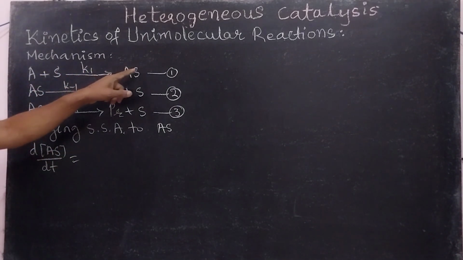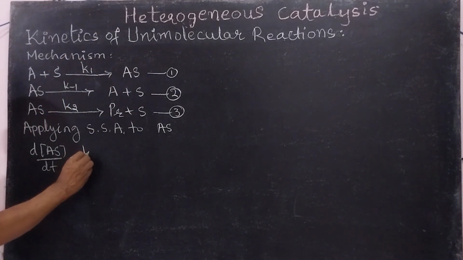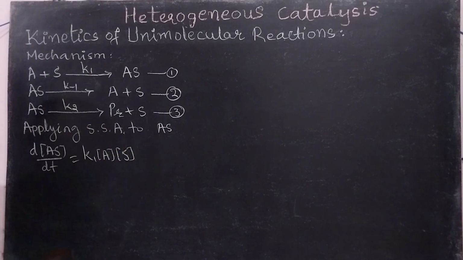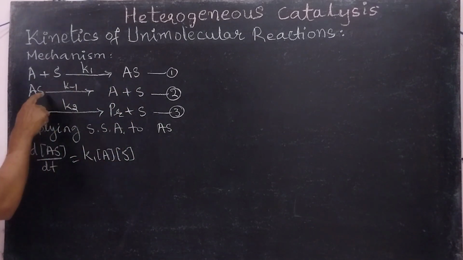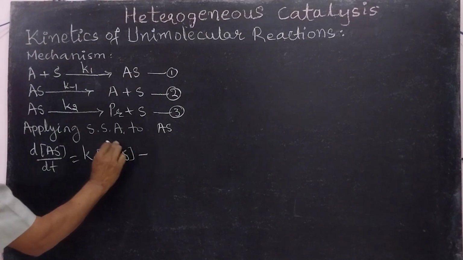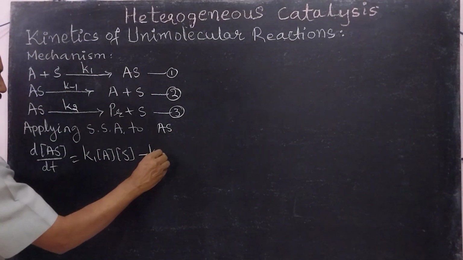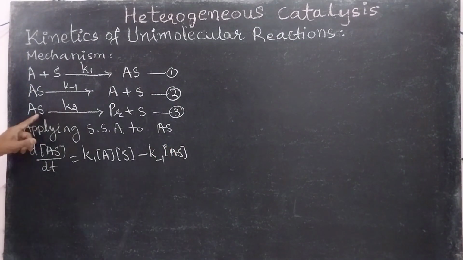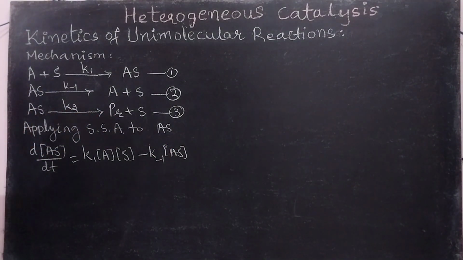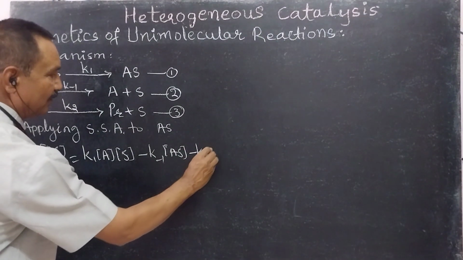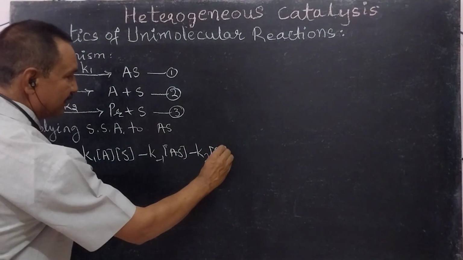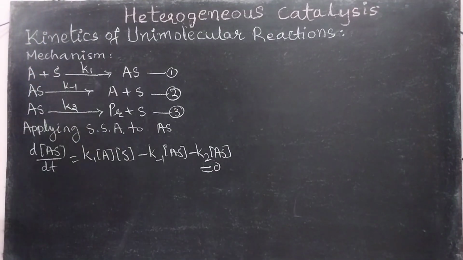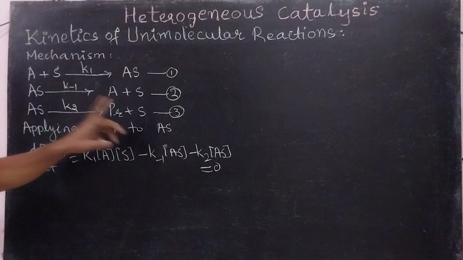It is formed from this equation, K1 into concentration of A into concentration of S, and it decomposes by this equation, that is minus K minus 1 into concentration of AS, and it also decomposes to give the product by this equation, minus K2 into concentration of AS. Now we can make this equal to 0, since we are applying the steady state principle.